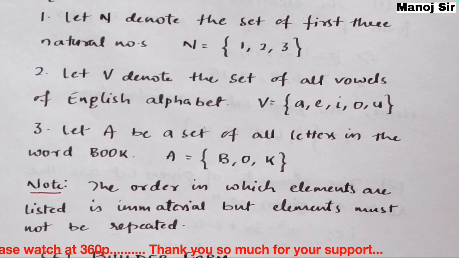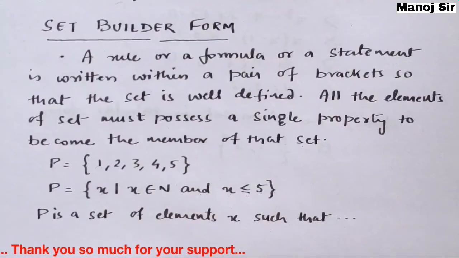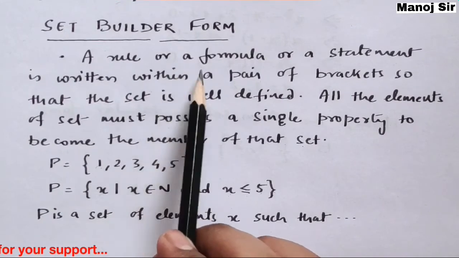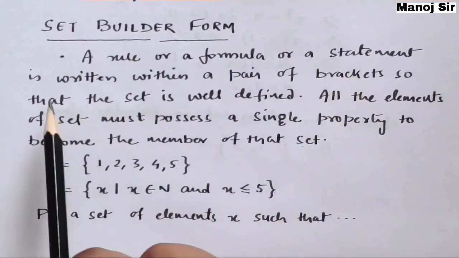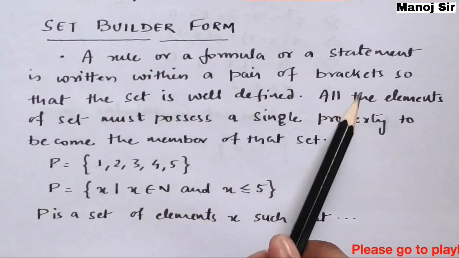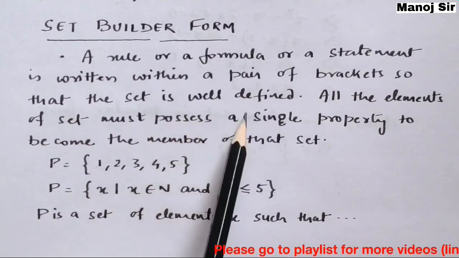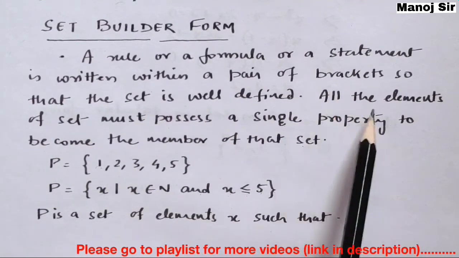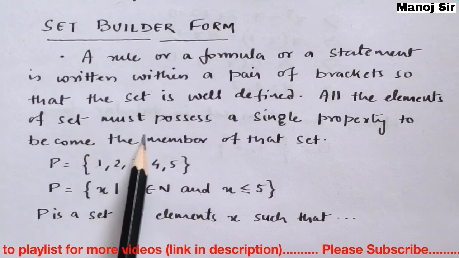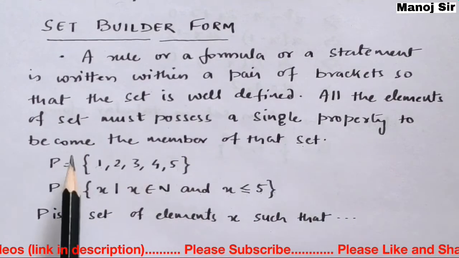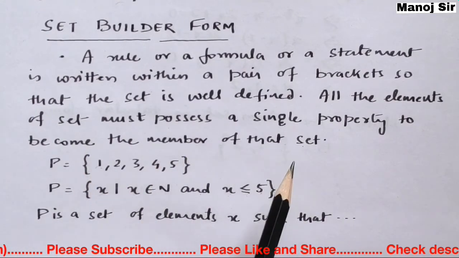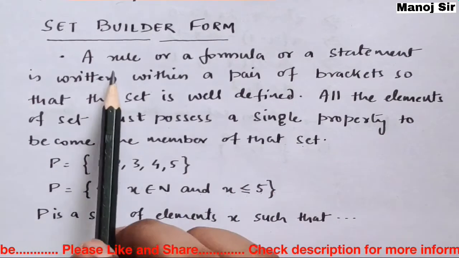Now we will see what is a set builder form. A rule or a formula or a statement is written within a pair of brackets so that the set is well defined.